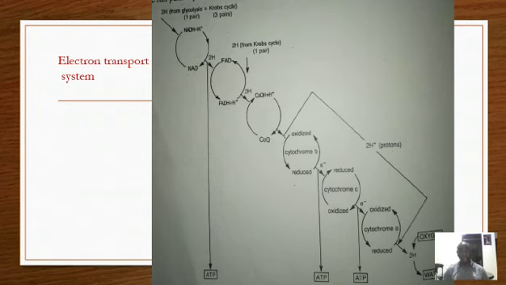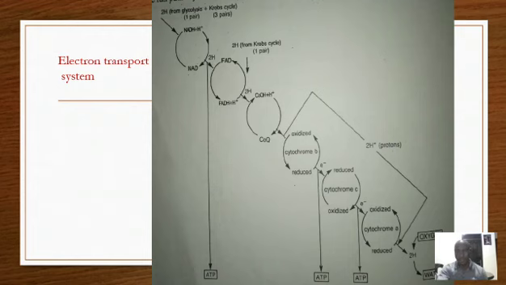Here we are seeing formation of ATP in presence of oxygen, oxidative phosphorylation. Therefore, in respiration, we are talking about oxidative phosphorylation. In nutrition, you talk of photophosphorylation. So that is the electron transport system.